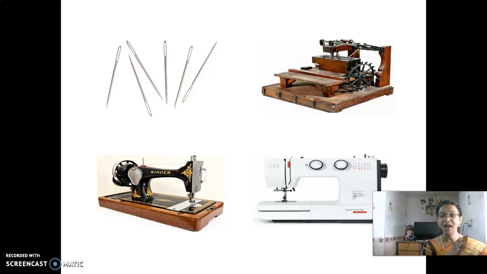And then name some animal sources of fibers. Yes, very good. They are wool and then silk. One more thing, children. The processing of silk from silkworm is called sericulture.